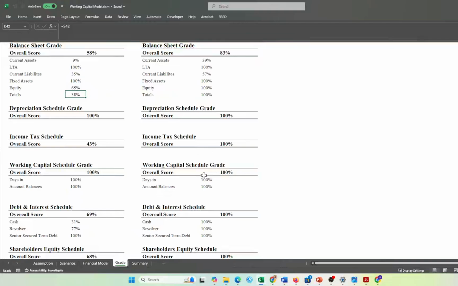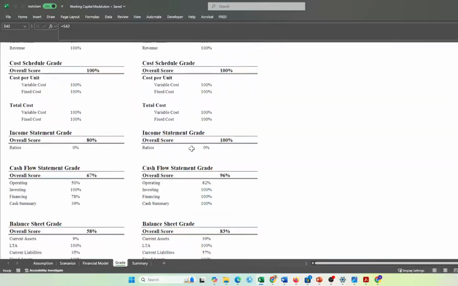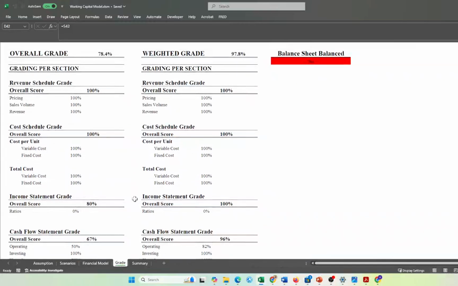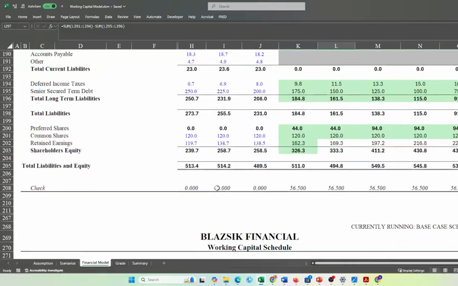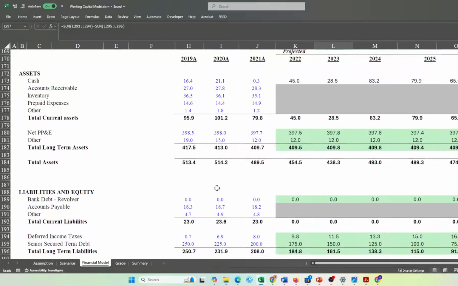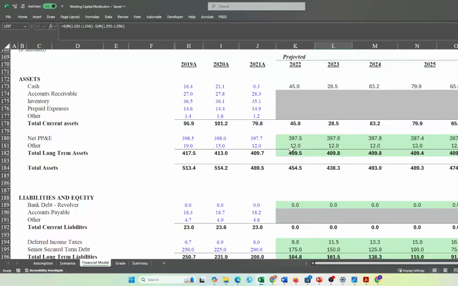Working capital schedule, 100%. And now we have to plug in cash flow statement and balance sheet, and then it'll be complete. Let's do the balance sheet first. Remember, the balance sheet is a balance, a total. So let's go to the current assets. I'm going to do accounts receivable. I'm going to say equal.